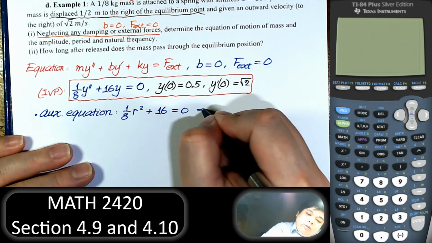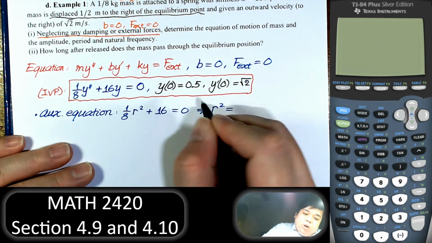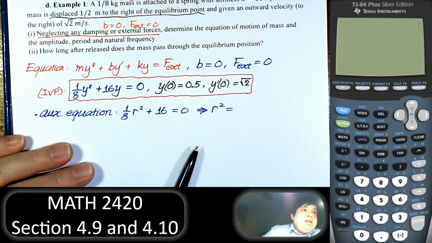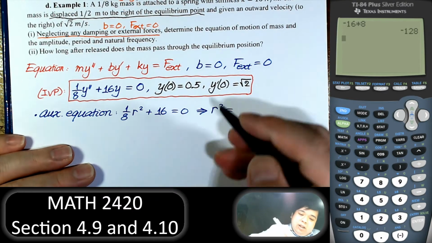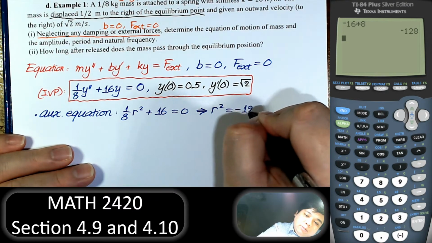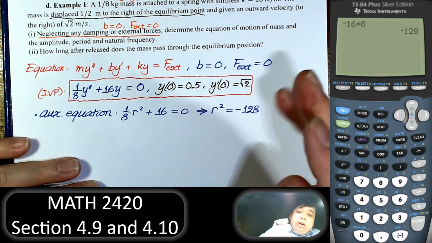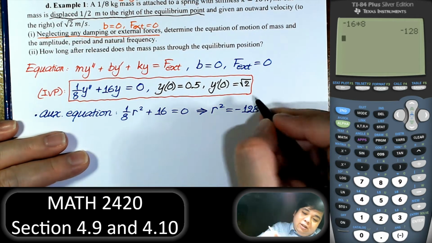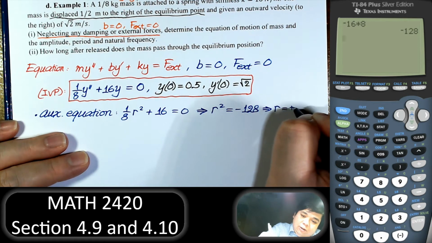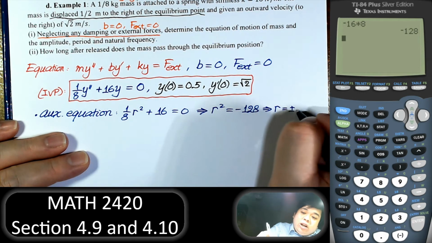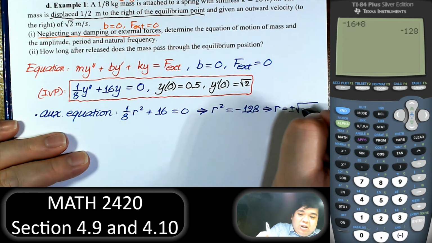So we can solve for r squared. It will be negative 16 times 8, that's negative 128. Take the square root of that.